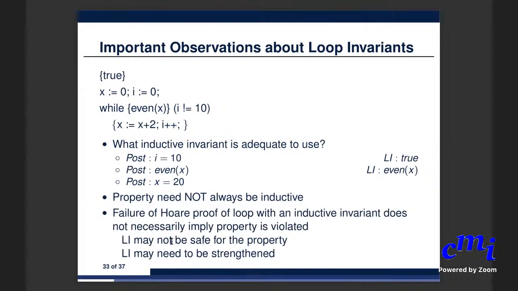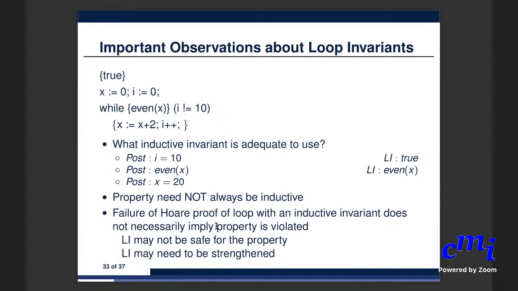Because of this, given a proposed inductive invariant, failure to do a proof, by doing a proof I mean checking the three conditions that I showed in the previous slide: initiation, inductiveness, and post.